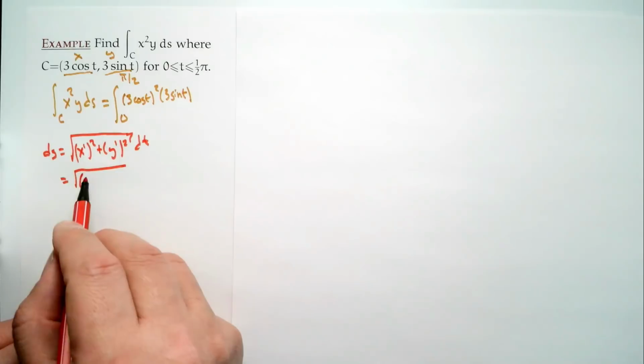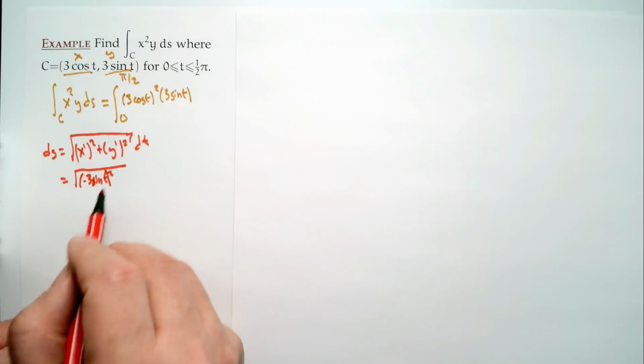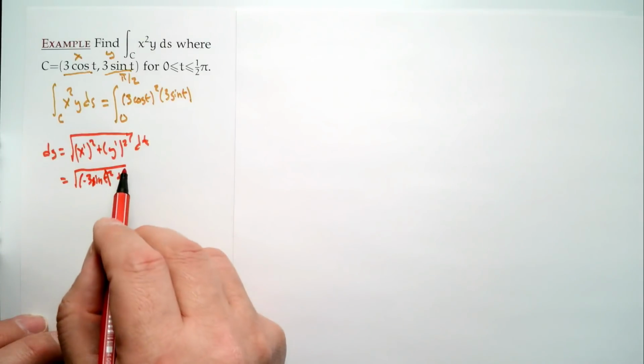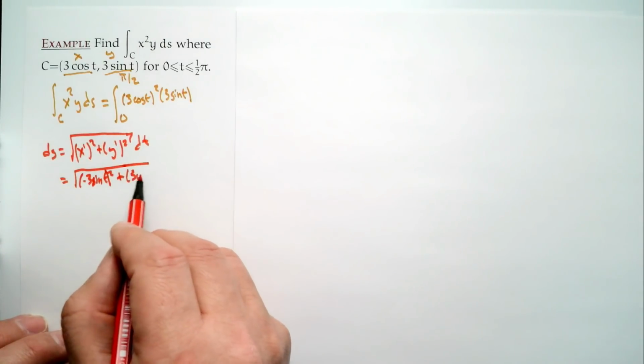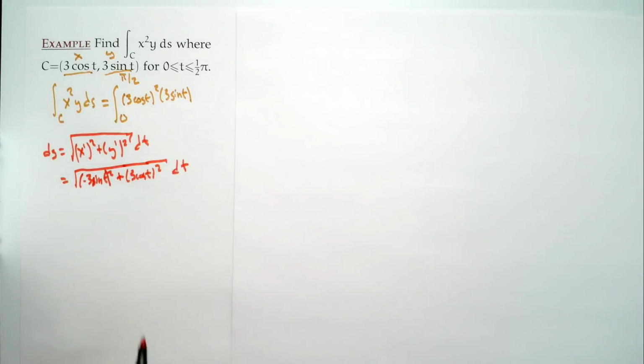Negative 3 sine t. So negative 3 sine t squared. Plus, what's the derivative of 3 sine t? 3 cosine t squared. Now, we hope, because there's not a lot of space here, that we have a nice expression, or this simplifies in a good way.